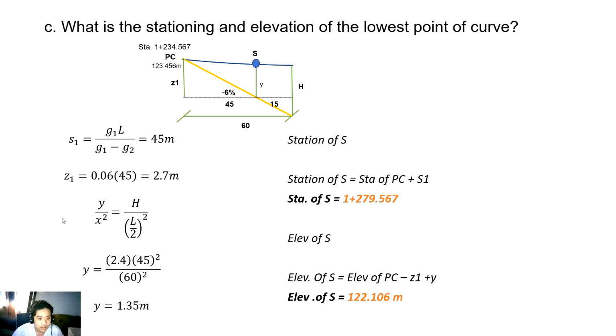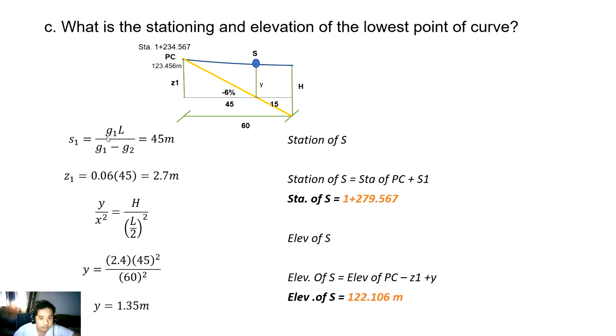So, sa C, station of PC, what is the station and elevation of the lowest point of the curve? So, lowest point of the curve, which is yung S. S1 equals to G1L over G1 minus G2.